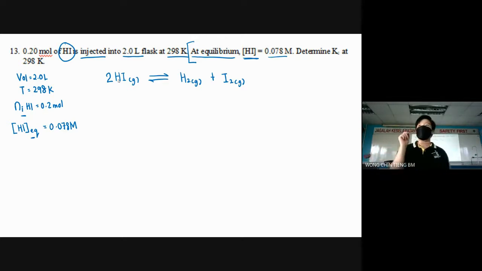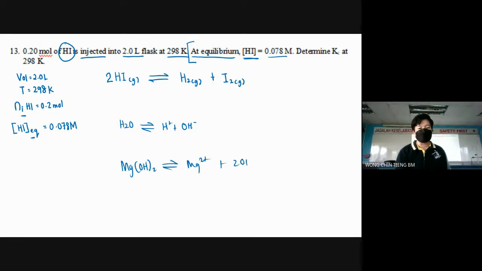So kalau dia je boleh buat reaction, biasanya we are going to do decomposition. Like your water just now, I can break your water to become your H plus and OH minus. Okay? Like the dissociation of apa lagi? Tadi kita belajar chapter 7, I have my magnesium hydroxide. So I can break it to become my Mg2 plus and my 2OH minus.